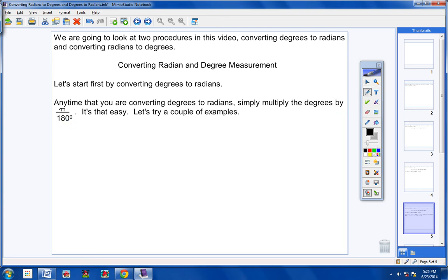Now, I do want to say this. Remember, if you ever want to see a picture of what you're doing, remember what we looked at before, okay? Anytime you go 90 degrees, that's pi over 2. Anytime you rotate 180 degrees, that's going to be pi. Anytime you rotate 270 degrees, that's going to be 1 1/2 pi, or 3 pi over 2.